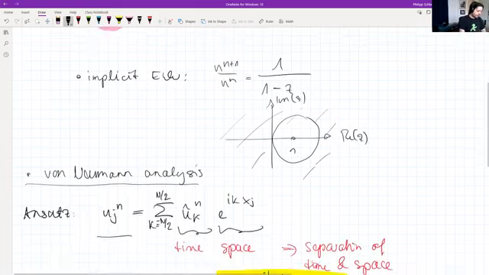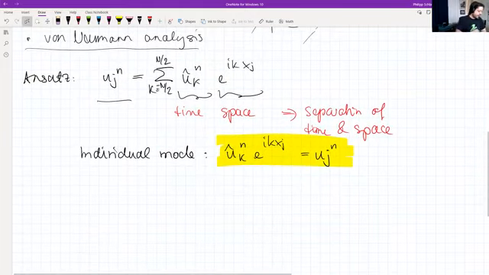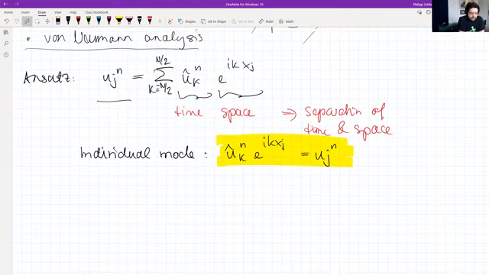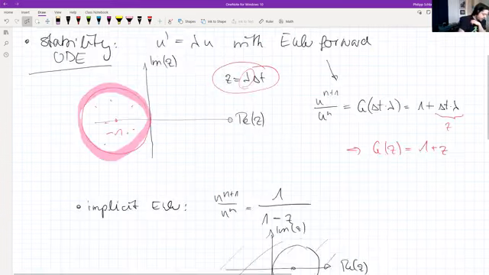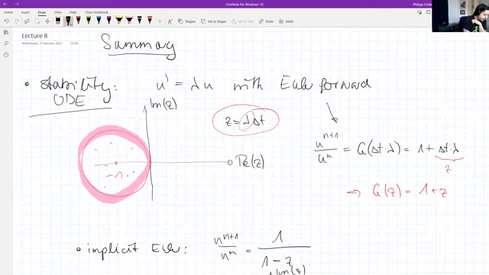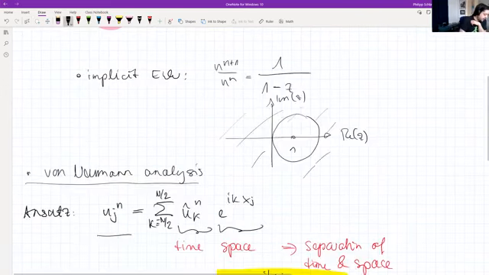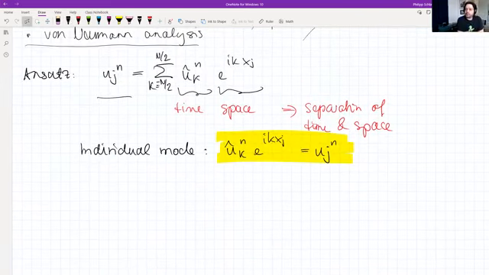Okay, so that was the first bit that we discussed last time. The second part, and also where we now continue, was the von Neumann analysis that we could perform on a complete partial differential equation. So not just on this ODE, the Dahlquist equation, but the von Neumann analysis can be performed on a complete partial differential equation, so with both spatial and temporal dependency.